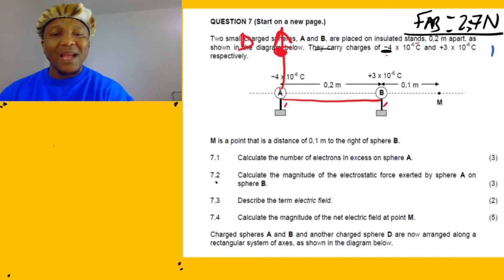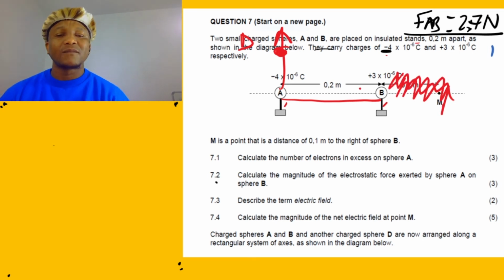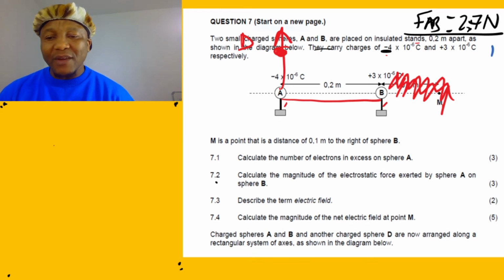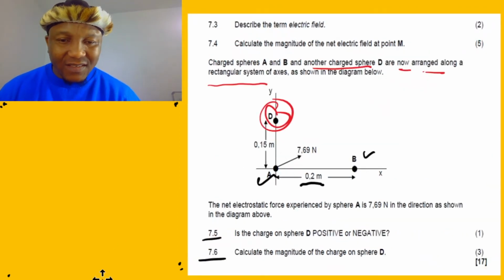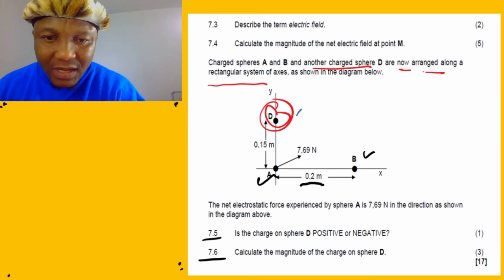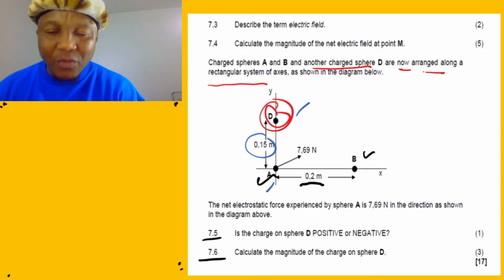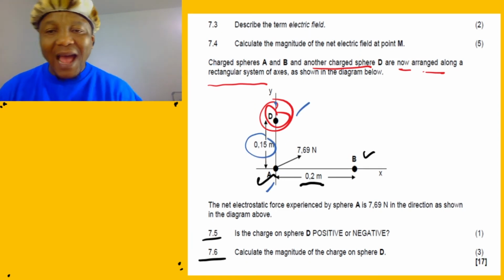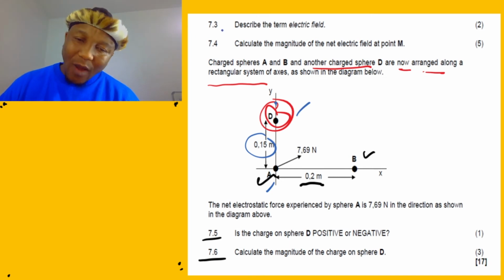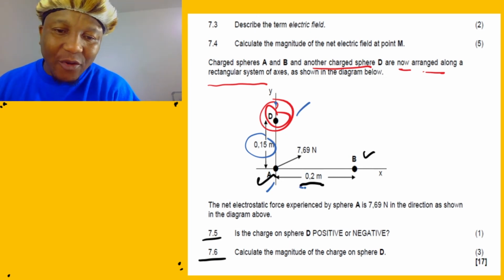You see? So now they kind of scratch this. They don't need this. That makes sense a little bit. See? So now they realize the distance from D to A is 0.5, where charge D is added. Okay, so 0.15, and the distance here we had already been given.